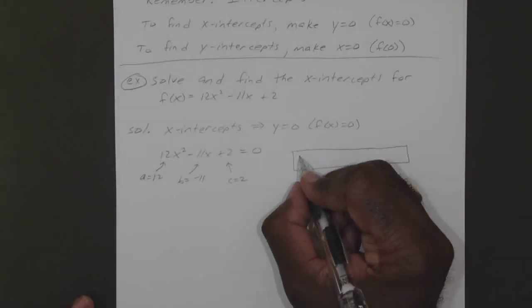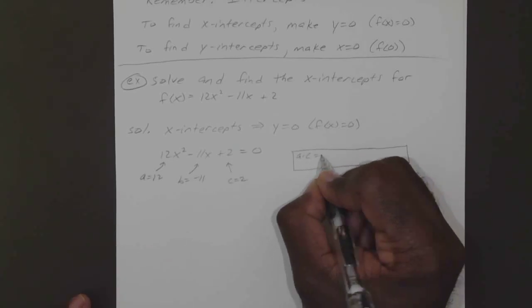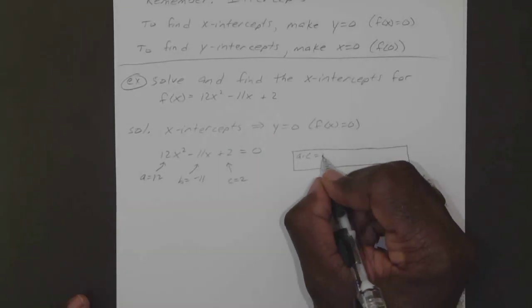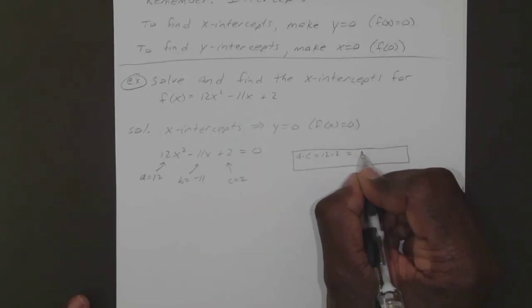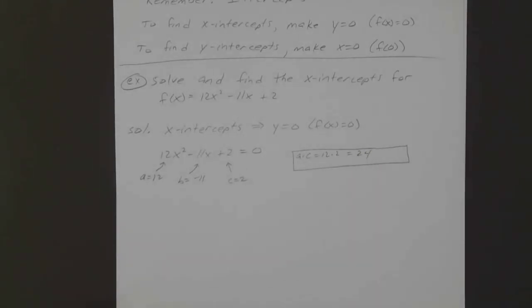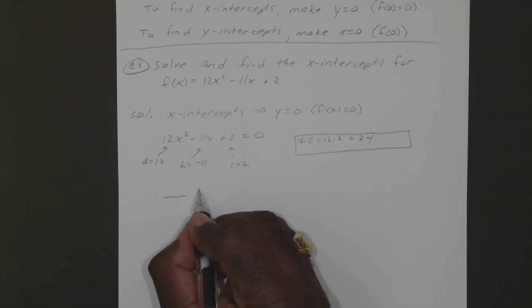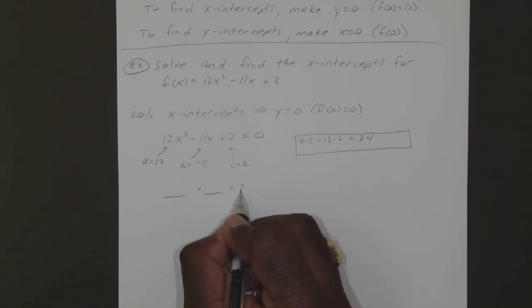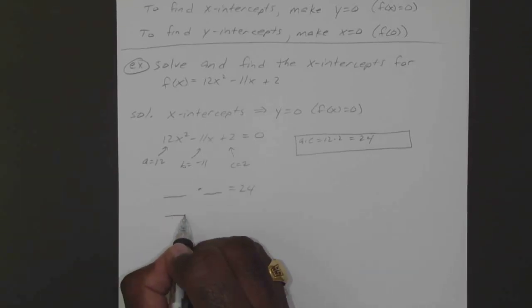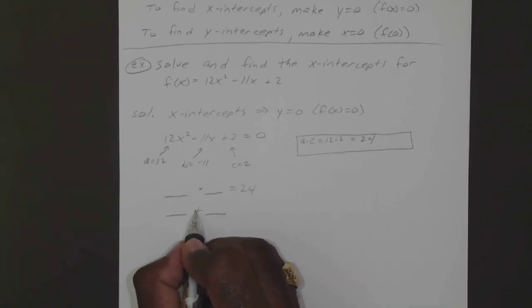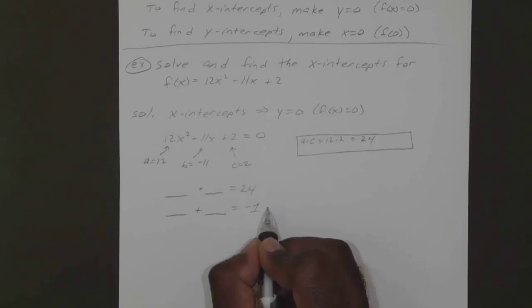So our A times C is 12 times 2, which is 24. We have to find two numbers that multiply to equal 24 and add to equal negative 11.